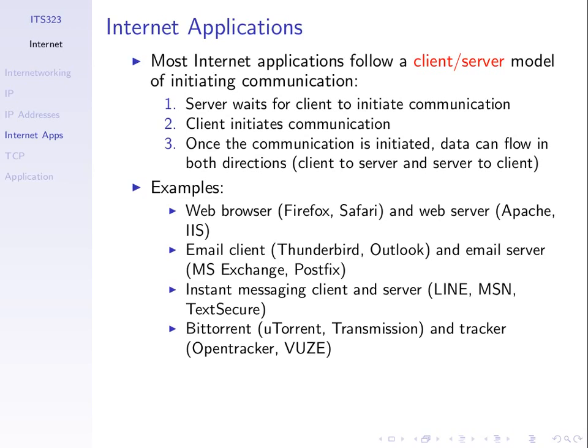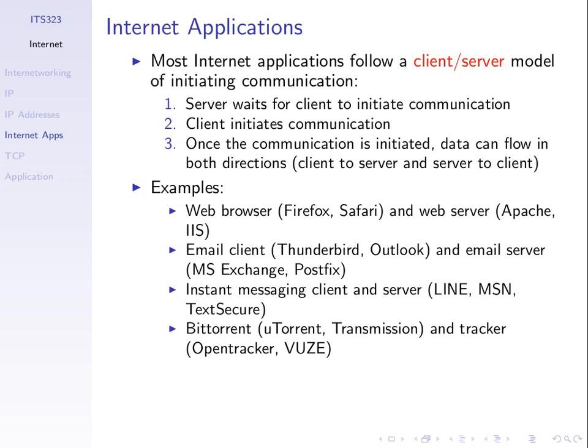Usually they have a client-server model where one of the applications is the client and the other is the server. And that's used for initiating communications. So what normally happens is that the server application just sits there and waits for a client to initiate communications.